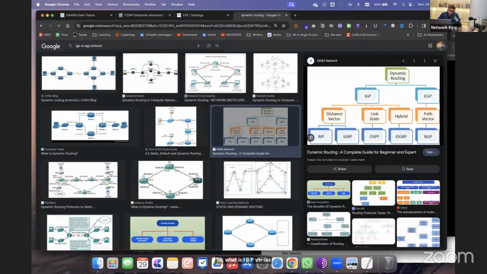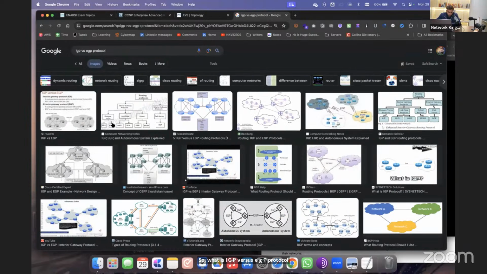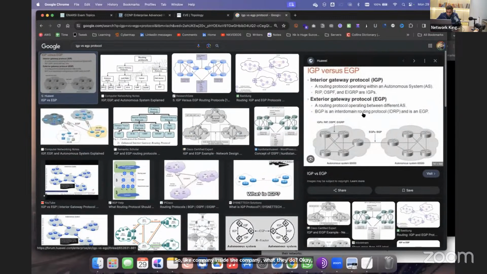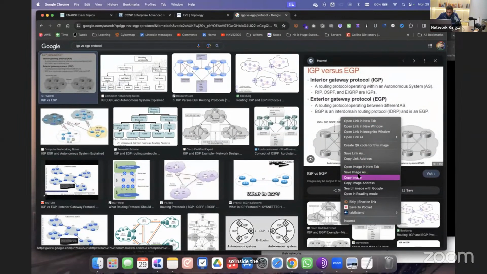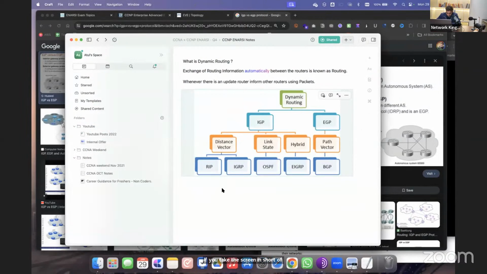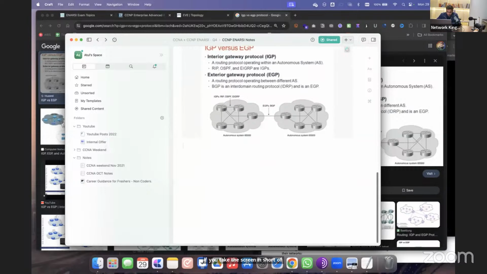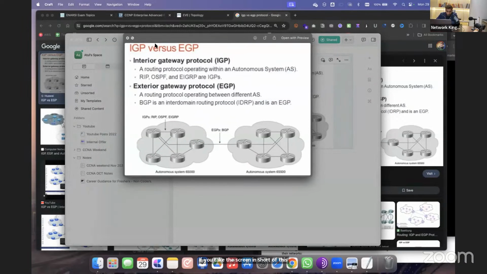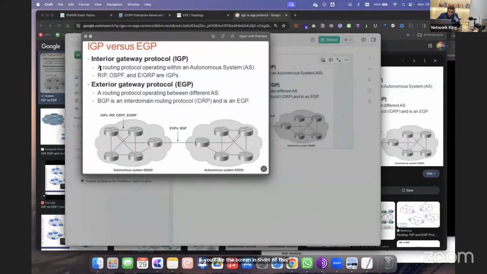So inside the company, what do they do? A routing protocol operates within the company, because every company has a number.